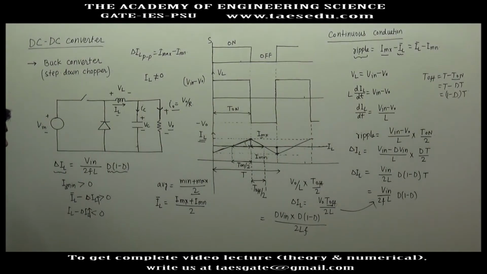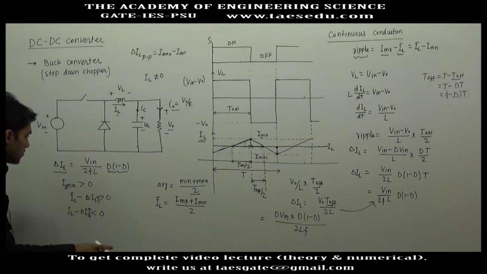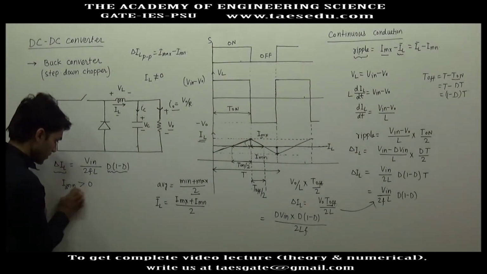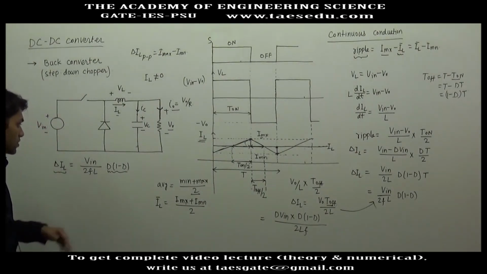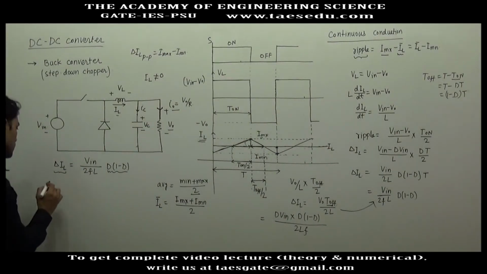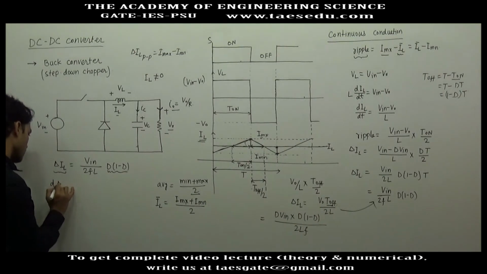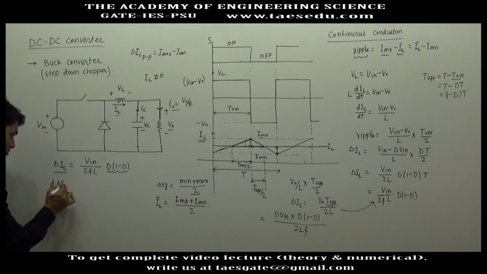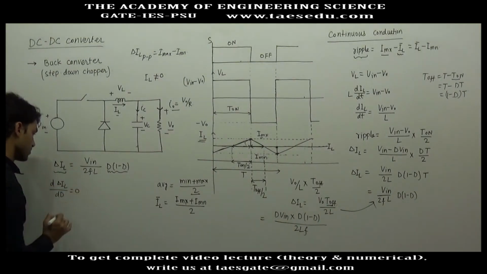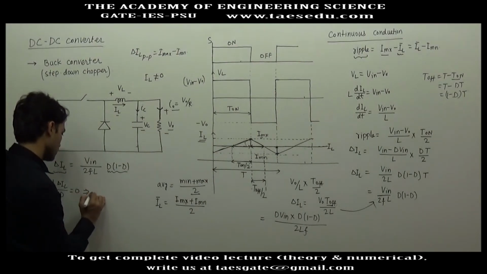That's why we are giving so much time to ripple. If you want to find the value of duty cycle for which ripple will be maximum, you find d delta IL by dD, the variation of ripple with duty cycle, and equate it with 0. You will get D as 1 by 2.